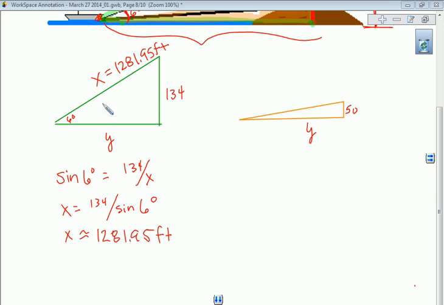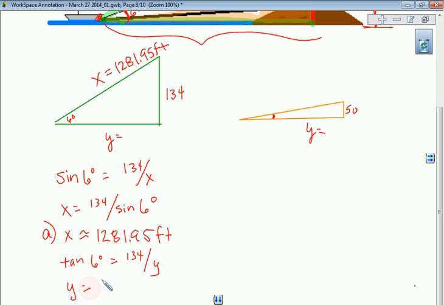Now let's find y, because y is on both triangles and that might be helpful. This was the answer to part A right here. Before we can start part B, which is this angle of elevation here, we've got to find y. We're going to stick with this triangle because we have enough information on it, and we'll say tangent of 6 degrees is equal to opposite over adjacent.